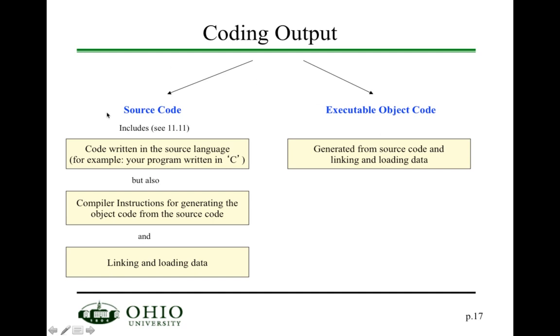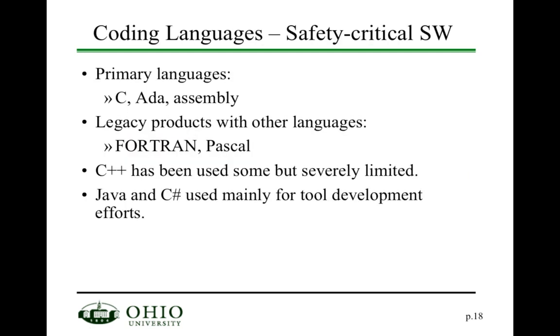So remember this, source code includes all these things, not just the C modules that you've written. Now, of course, there's a variety of different languages out there. If you look at safety critical software, the primary languages used are really C, Ada, and assembly. And of course, there are some legacy products out there with some other languages like Fortran and Pascal. And of course, people have used C++, but it's been severely limited.